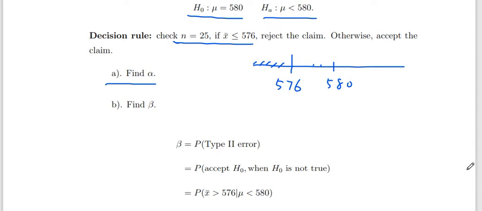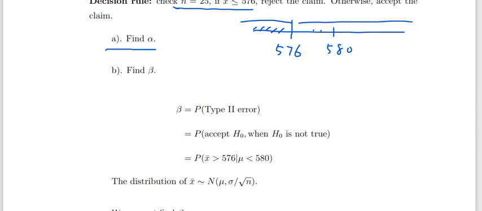So we say this part will reject, but this part will accept. So we accept H0 when x bar is larger than 576. We will believe their claim, right? So we accept this when H0 is not true.